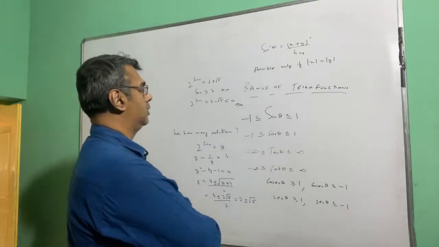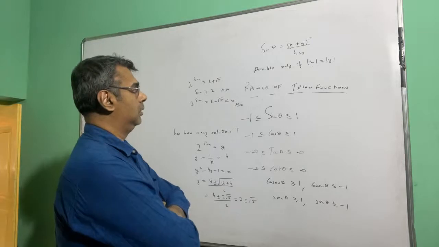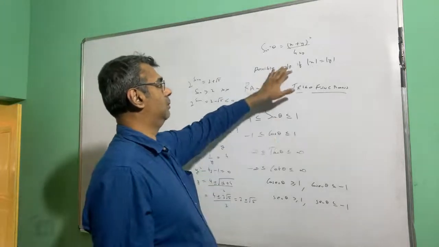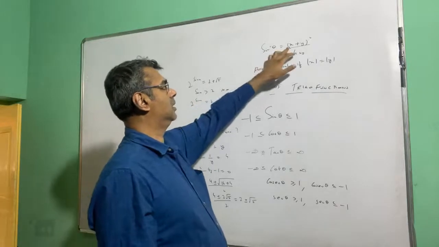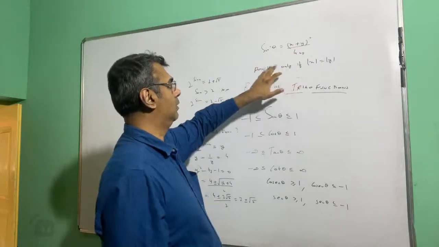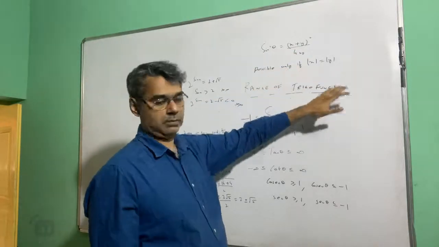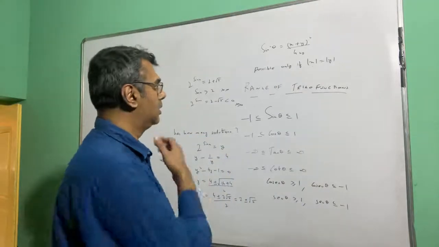This equation is possible. You have to prove that this is only possible if mod x equal to mod y. Okay. Sine square theta is x plus y whole square by 4xy. You have to prove that this equation is possible if mod x equal to mod y.